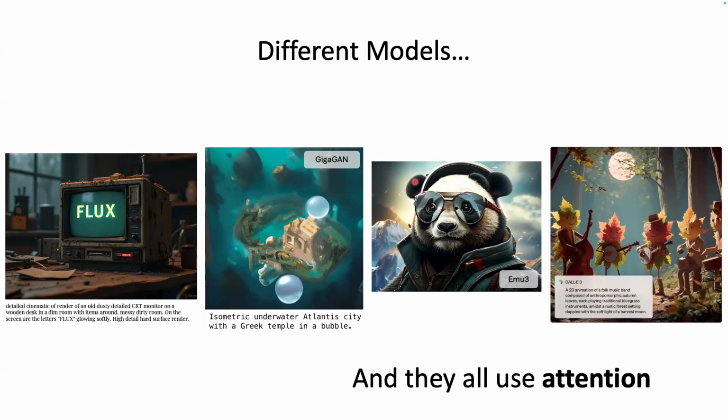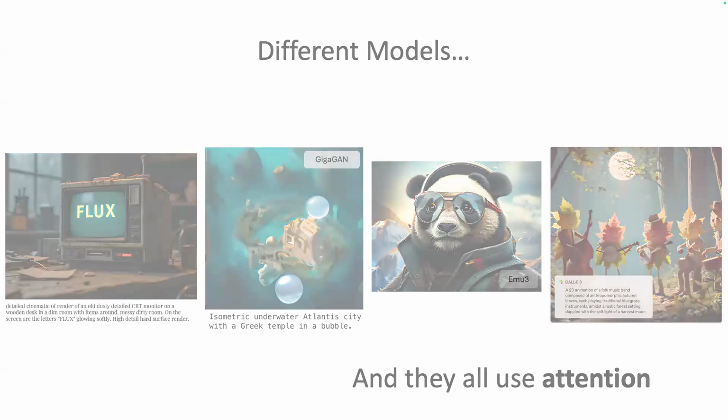Besides the scale and the large amount of data that was used to train these models, something that is common to all of these great models that we see recently is the use of attention layers. So in this talk, I'm mostly going to talk about attention layers.